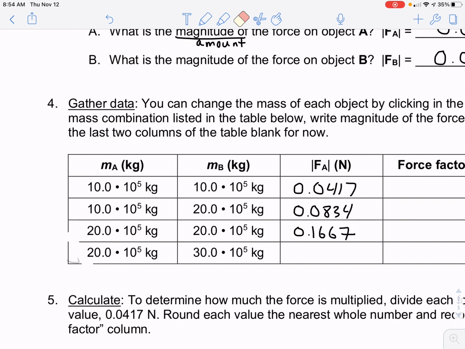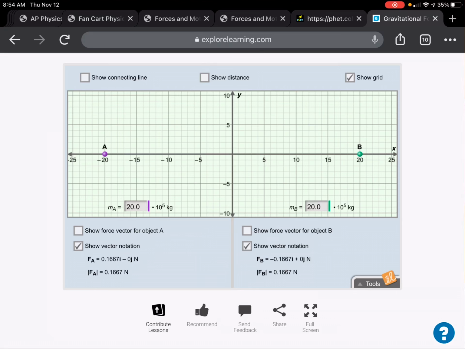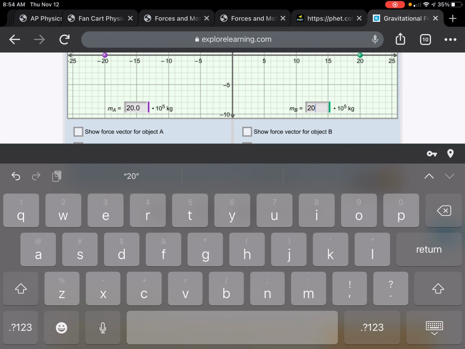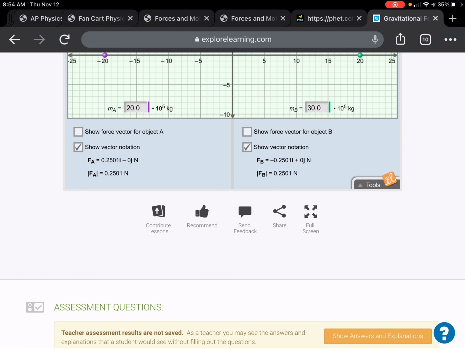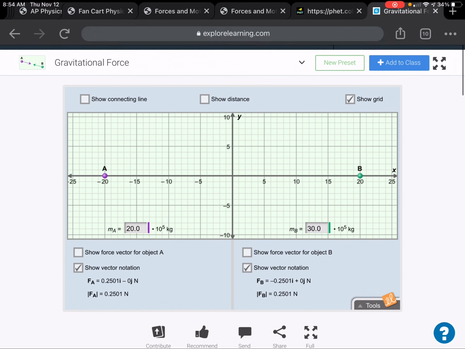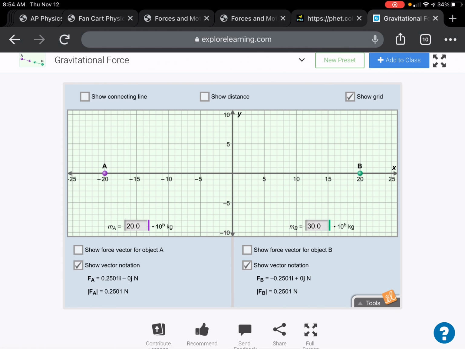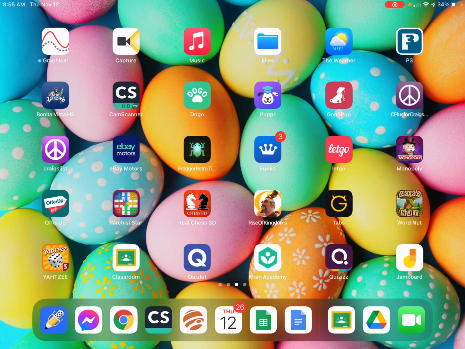Let's see how this affects things. You can see, ladies and gentlemen, that from doubling the first mass and tripling the second mass, the magnitude of the force on object A is 0.2501 newtons.